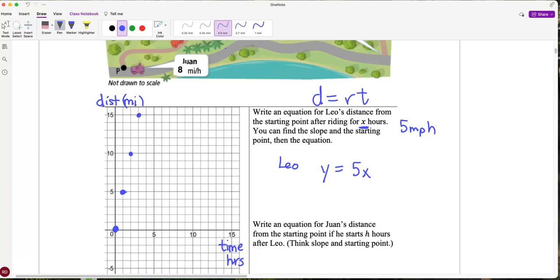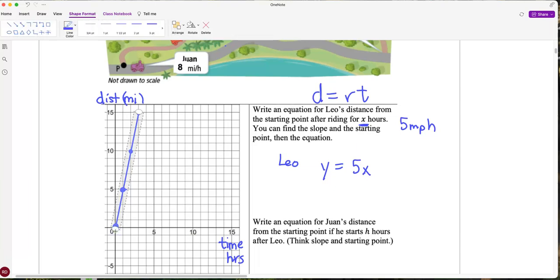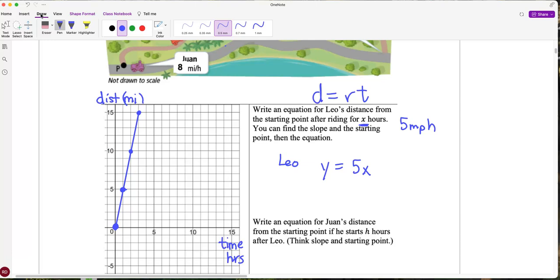Now in this unit, you have to be very careful with the precision of lines because we're looking for solutions from our graph. So I'm doing this virtually, but you should have a straight edge that you can line up all of these points. Now I know that Juan starts later.